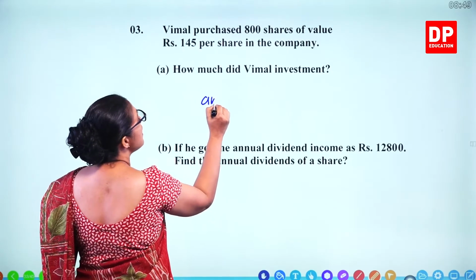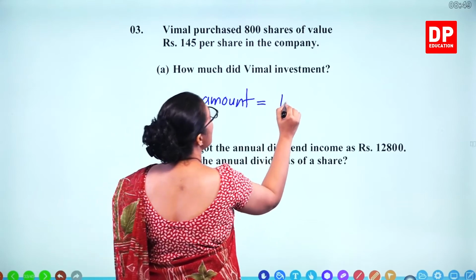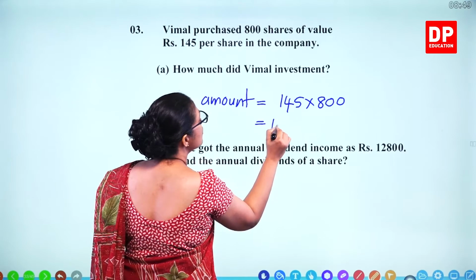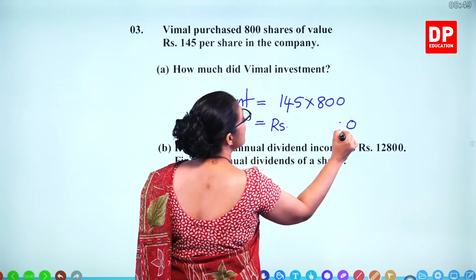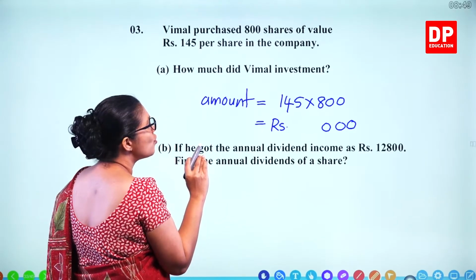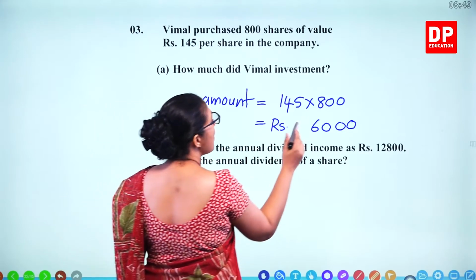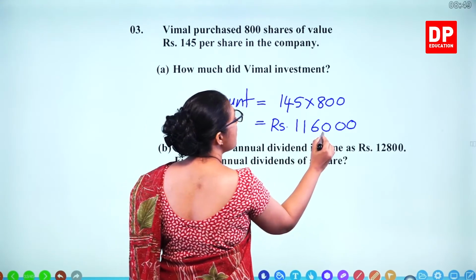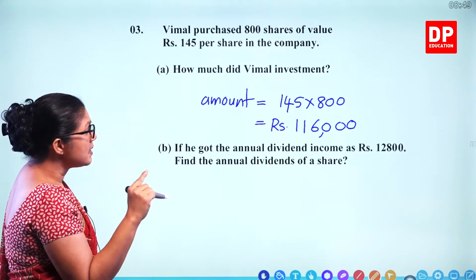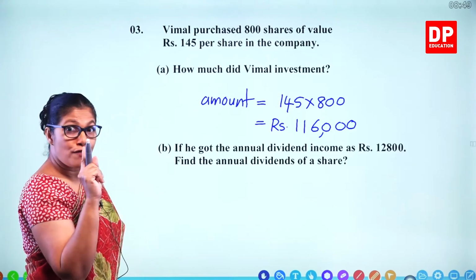So, the amount invested is equal to 145 into 800. That's equal to 0, 0, 8 times 5, 40, 8 times 4, 32 plus 4, 36, 3 remaining, 8 times 1, 8 plus 3, 11, 116,000 rupees.